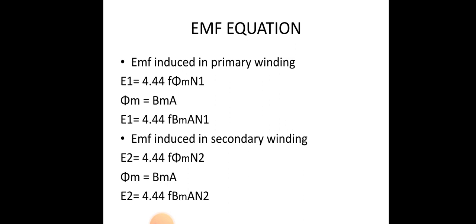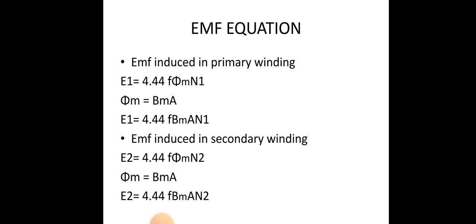Similarly, the EMF induced in the secondary winding is E2 equal to 4.44 into f into phi m into N2. Here N2 is the number of turns in the secondary winding.